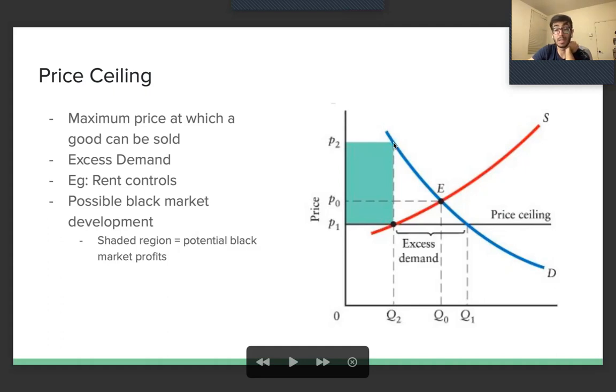So at a price point of P2, there are some people who are willing to buy Q2 units, and that's exactly how many units are available from the supply side. And therefore, it's possible that in the black markets, you have this shaded region of profits that are created. So yeah, there's a potential of black market development when there's a price ceiling.